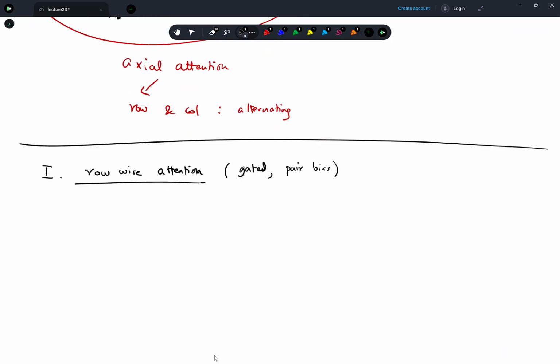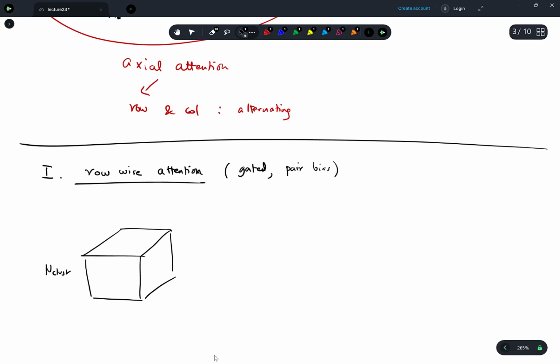This is working on the MSA rep, so that's your input. To this module comes in the nclust by nres by 256, that's your MSI. What we want to do here is row-wise.